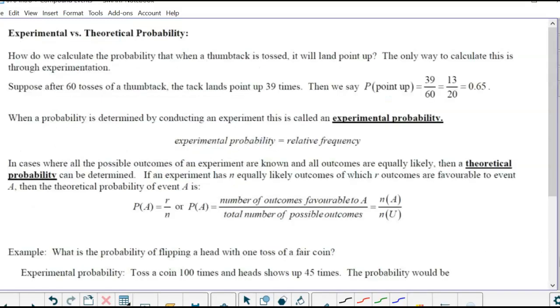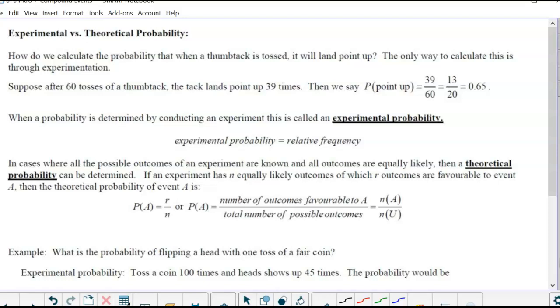Okay, so looking at experimental versus theoretical probability. How do we calculate the probability that when a thumbtack is tossed, it will land point up? The only way to calculate this is through experimentation, because it's not cut and dried like a die, where all the sides are the same and it's not weighted, it's a fair die, so you can know the theoretical probability of that.